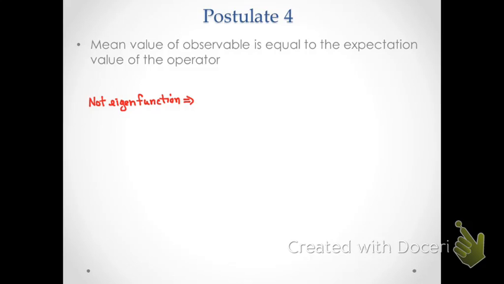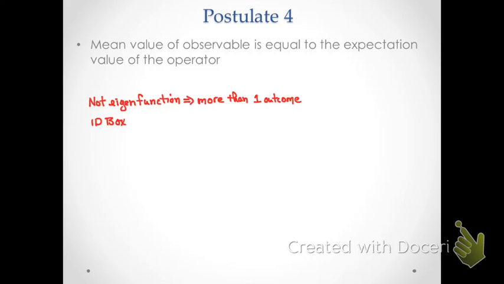Now, we just learned that if a function is an eigenfunction, it means we get an eigenvalue, and the eigenvalue is what we're going to measure in the lab. But what if it's not? That means if our state is represented by a function that's not an eigenfunction of a particular operator, there's more than one possible outcome to a series of measurements that we make in the lab. And you know that if we have more than one possible outcome, that means we have to find out what the average is.